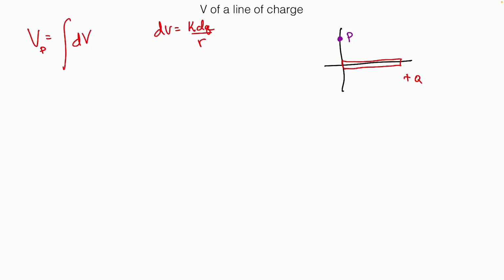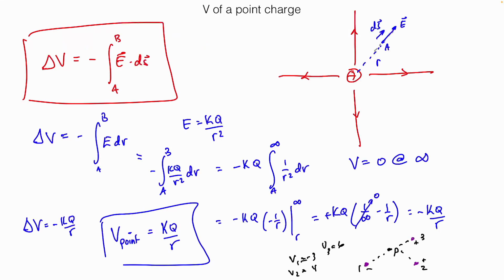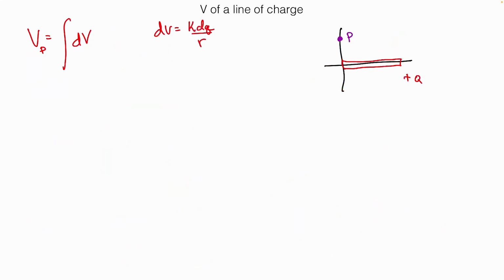Where did the 1 over r come from? We just found it, right? I break the rod up into a bunch of little point charges. So the challenge is now to figure out what dq is. What's dq?